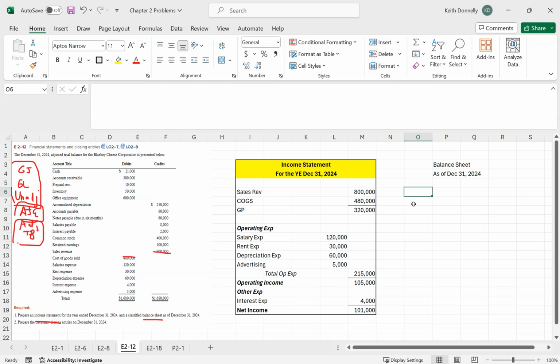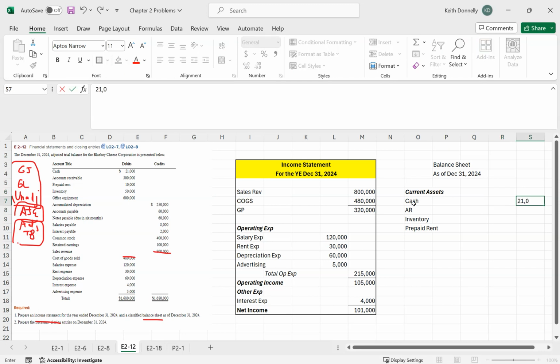Now, because it's a classified balance sheet, we have to break out these things a little more specifically. So we're going to start with our current assets, okay? And again, I'm just plucking these from over here. If you're wondering, I'm not just pulling these out of thin air. We got our cash, our accounts receivable, our inventory, our prepaid rent, right?